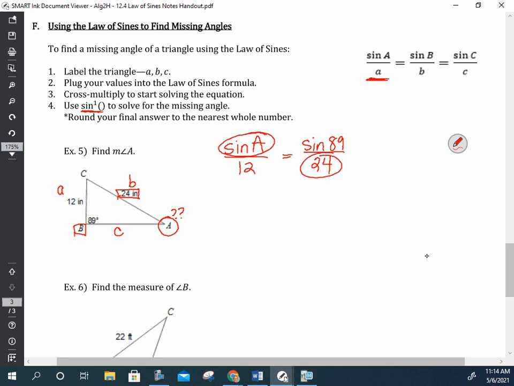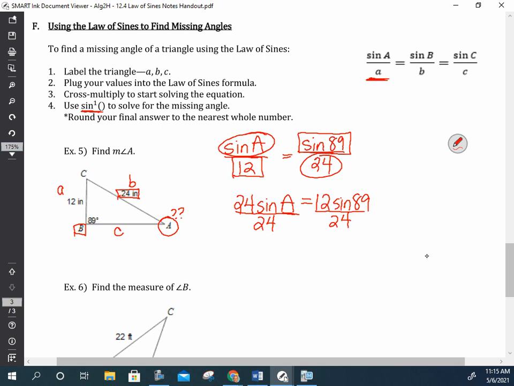Multiply. Sine of A times 24, that's 24 sine A, equals 12 times the sine of 89. Again, you're looking for an angle. You first have to divide out 24.